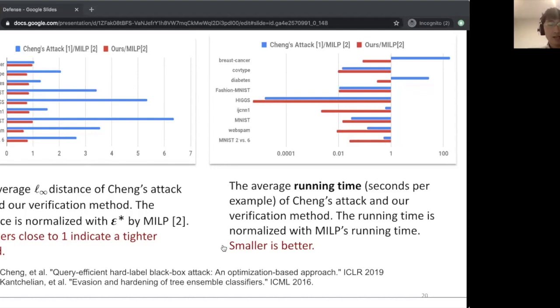But we can see that the red bars can actually serve as a very tight lower bound for epsilon star. On the right hand, we show the running time. Again, for better comparison, we normalize our running time by the running time of the MILP. So we can see that our method can be up to around 10,000 times faster than solving the MILP.